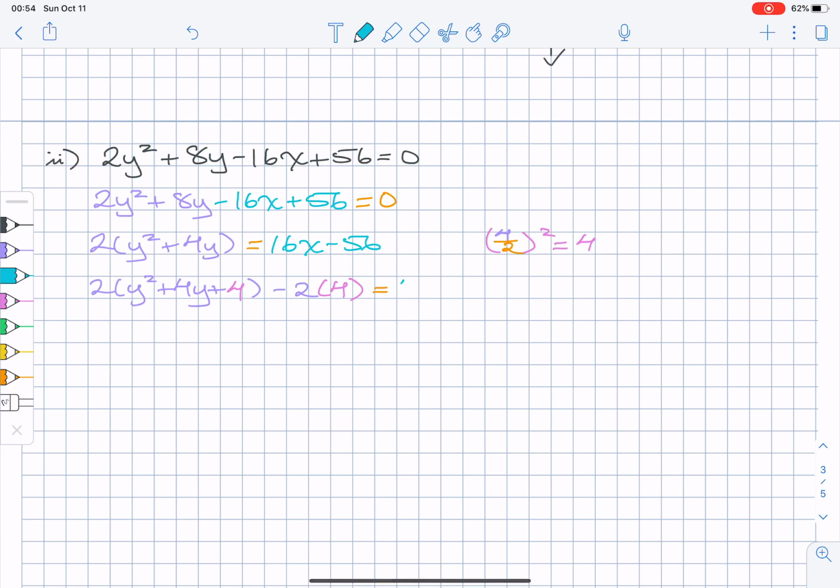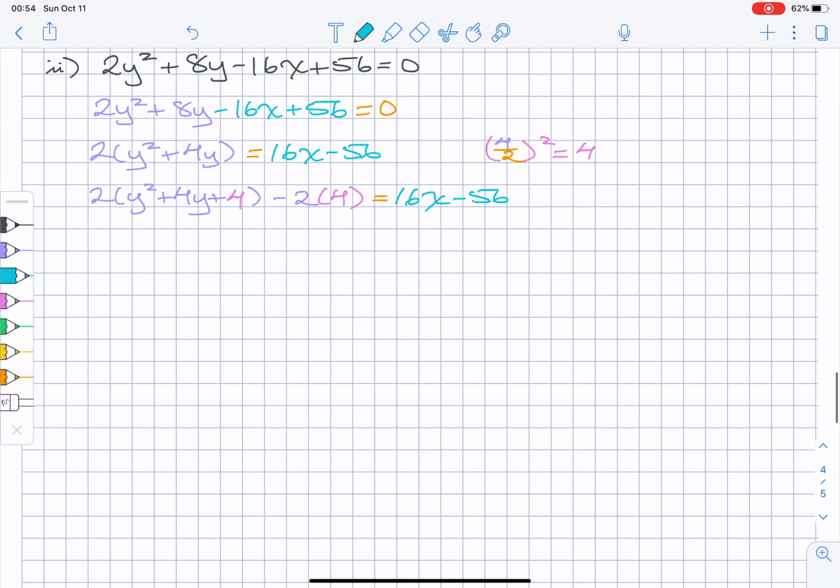And we still have 16x minus 56 on the right. Okay, so now we have 2 times a quantity, y plus 2 squared minus 8 is equal to 16x minus 56. Let's add 8 to both sides.